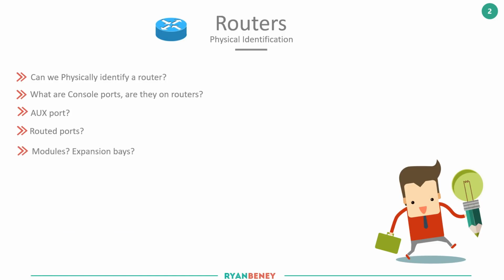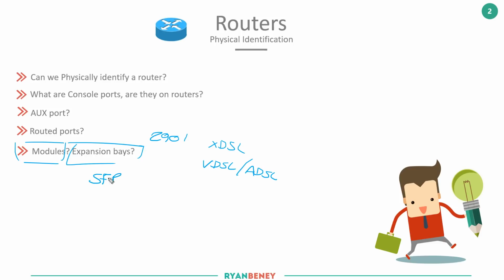Modules and expansion bays. So we've seen that the 2900 that we looked at just now, the 2901, had the XDSL expansion bay that gave us VDSL and ADSL connectivity, but it also had the ability to have SFPs installed, and within those SFPs you would have fiber connectivity.